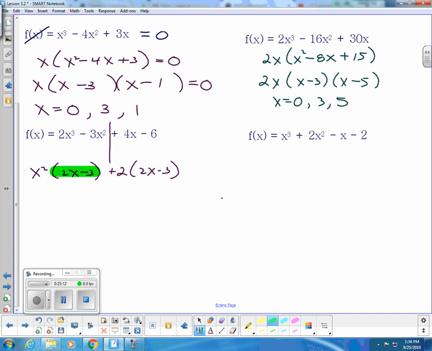So now my 2x minus 3 is a greatest common factor. So we're going to pull him out front. And then what do we have left from each set? We have x squared plus 2. So that's a factoring technique that if you're not familiar with it, you just got to remember the steps.